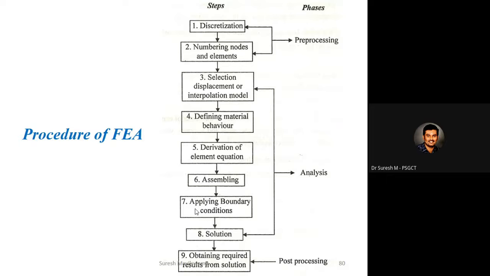The size of the elements and number of elements will have an effect on accuracy and convergence of solutions. If the size of the element is small, then the solution will be more accurate, with an increase in cost of computation. So if you need a more accurate solution, we can make small elements on the product.